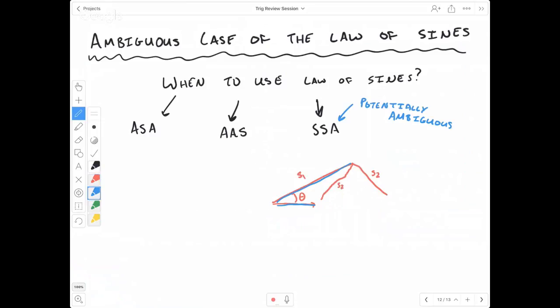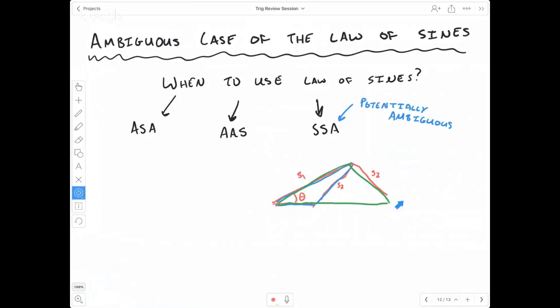Side 2. Are we talking about this triangle, or are we talking about this triangle? They both have the same side 1, the same side 2, and the same angle theta. We don't know which one is being addressed just from the side, side, angle.